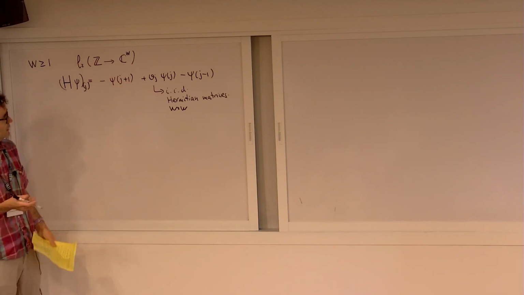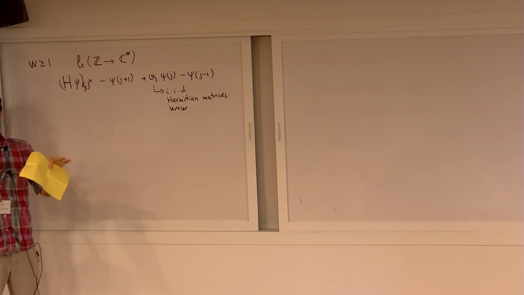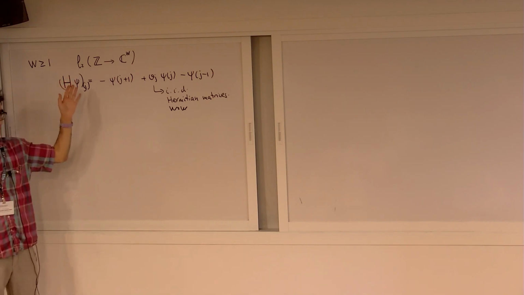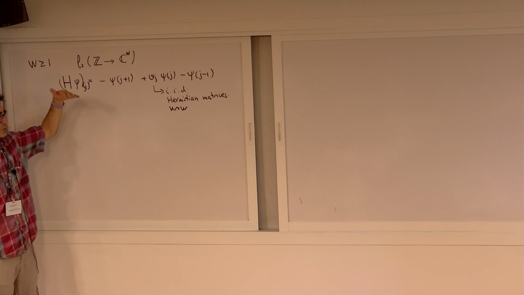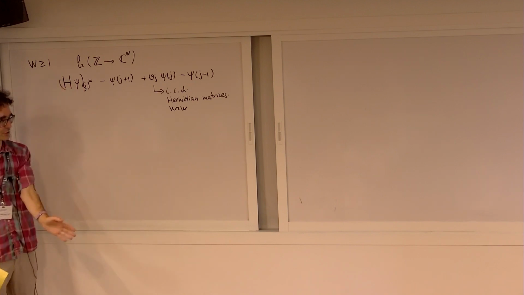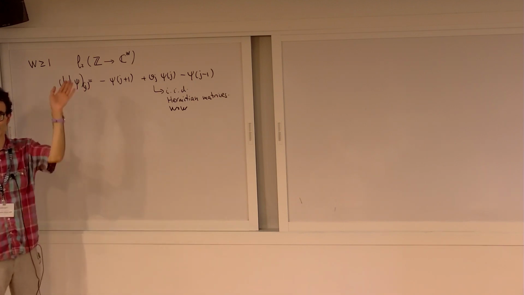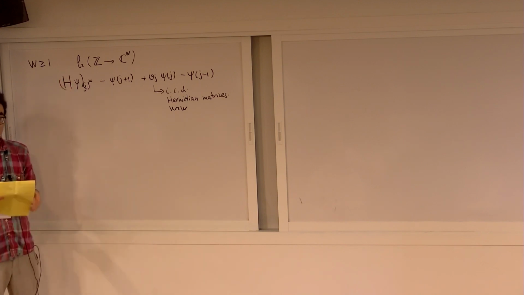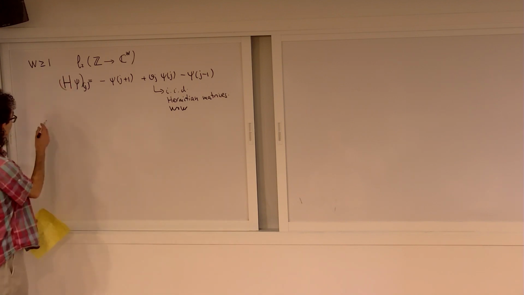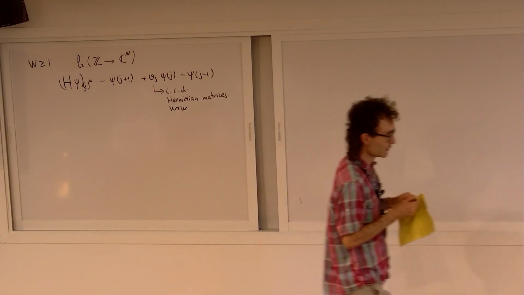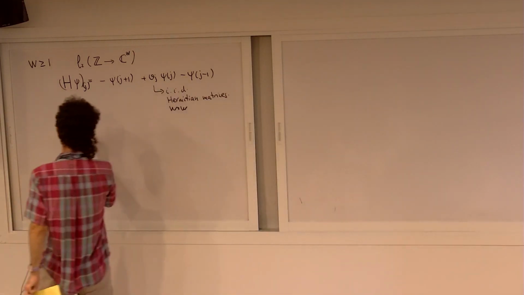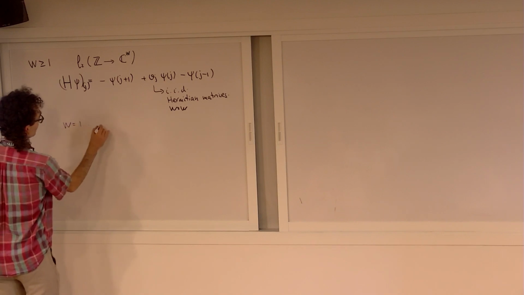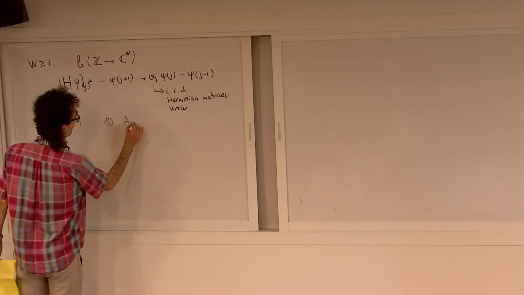Equivalently, you can think of it as an infinite block diagonal matrix. It's block tridiagonal, so there are W by W blocks on the diagonal and on the two diagonals adjacent to it. When W is equal to 1, this is called the one-dimensional Anderson model.